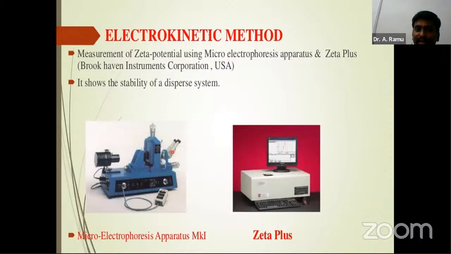This is the representation of a microelectrophoresis operator, and apart from this, we can also use zeta plus instruments for the determination of zeta potential of the prepared suspension. The determination of zeta potential will be helpful for assessing the stability of the suspension.